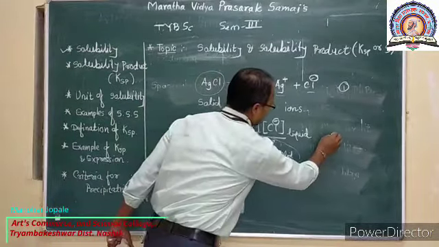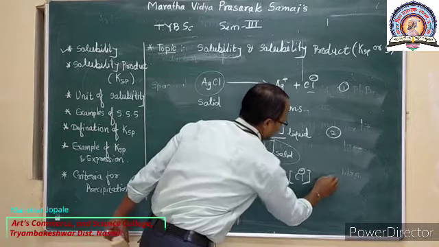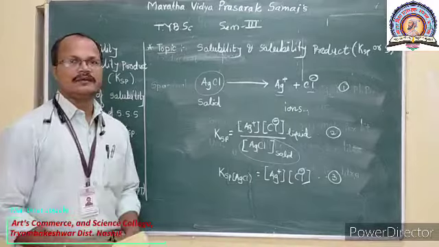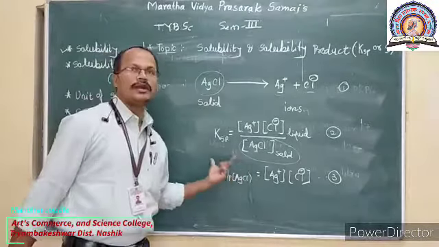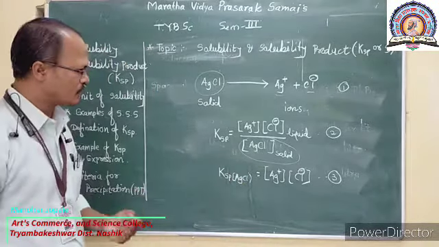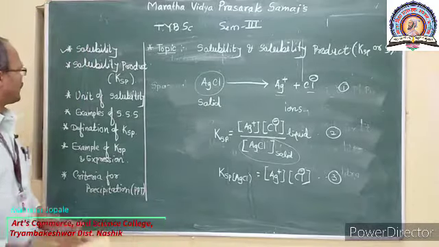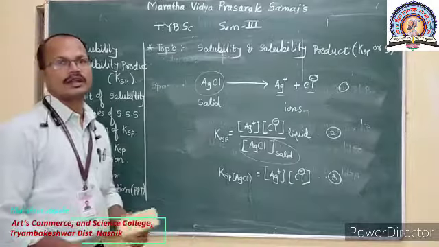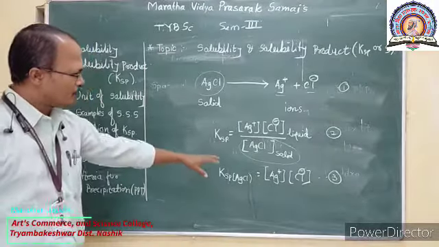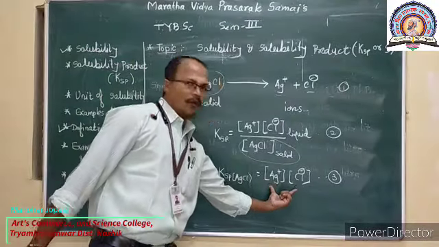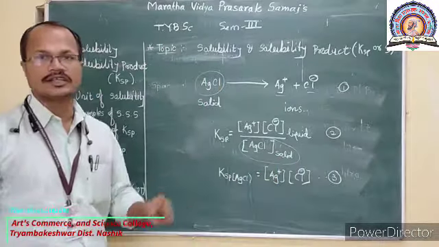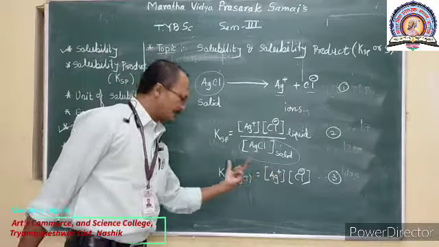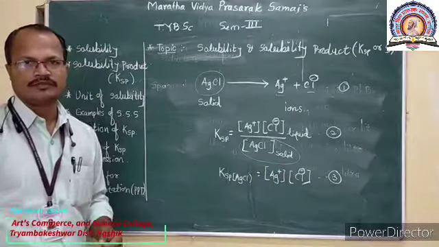It is called equation number 3. This equation 3 gives the solubility of sparingly soluble salts, and we define KSP as the solubility product, the product of the concentrations involved in the equation.